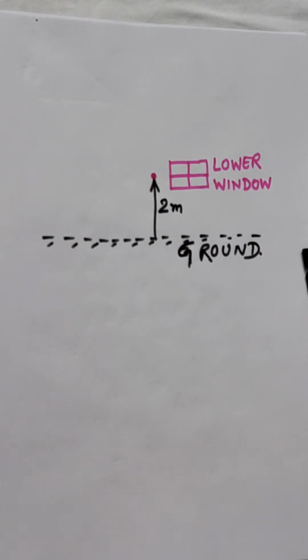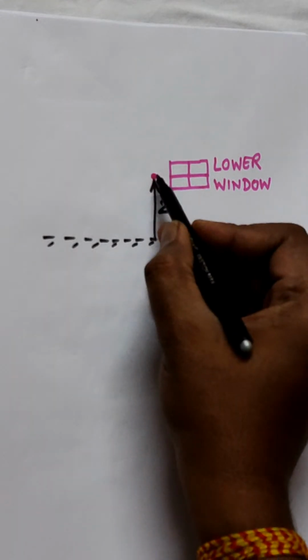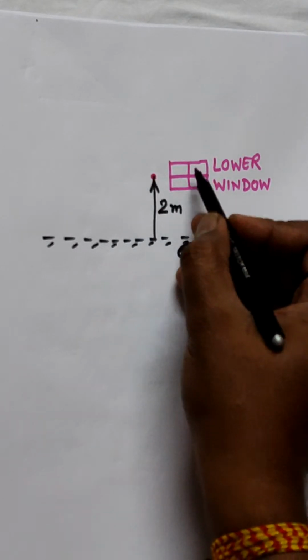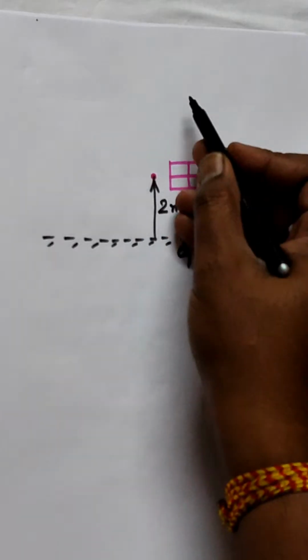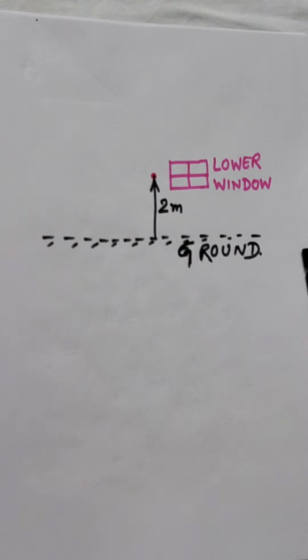And it's given that its upper window is at 4 meter vertically above the lower window. So from this window, another window is there which is just vertically above it.